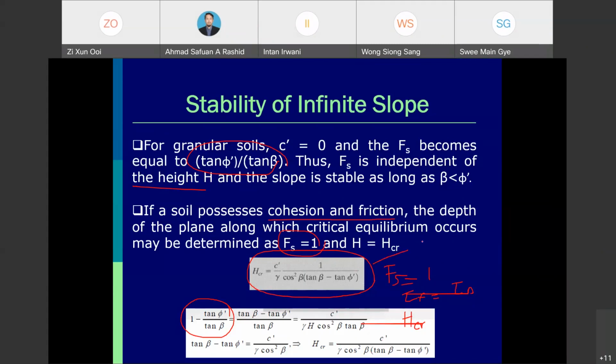However, this is for the soil without seepage.